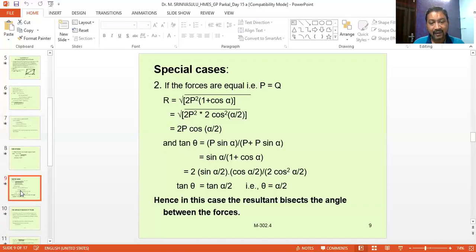It makes an angle equal to half of the angle between the forces with the horizontal, that is theta is equal to alpha by 2.